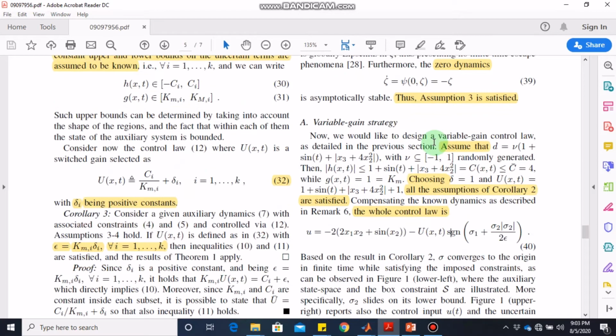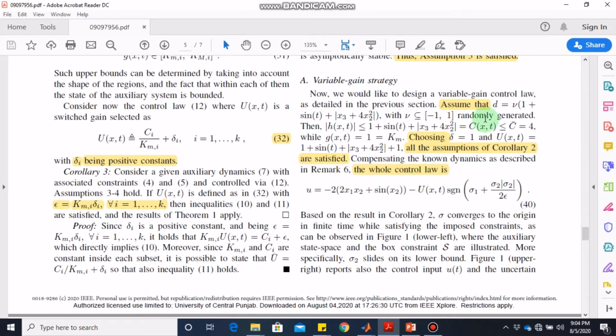Then there is the variable gain strategy. In the variable gain strategy, they have defined d to be equal to nu times 1 plus sine t plus this whole function. So this is the d where nu belongs to -1 to 1. This is a random variable, so nu is randomly generated, so d is random as well.